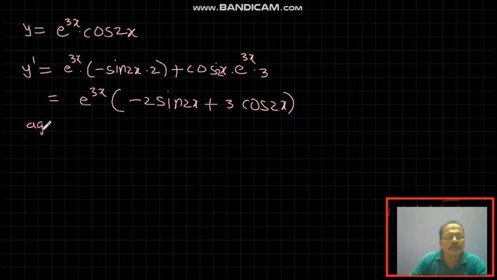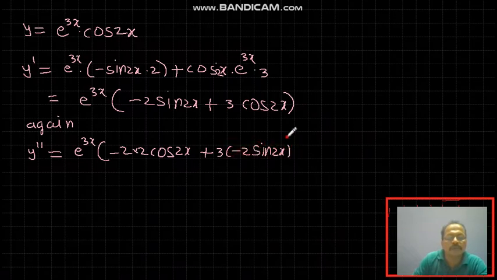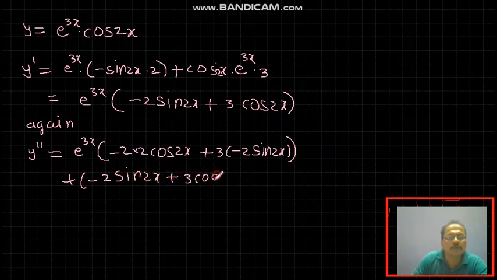Again differentiating, we get the second derivative is e raised to 3x as it is, derivative of this bracket minus 2 as it is, derivative of sin 2x is 2 times cos 2x, plus 3 times derivative of cos 2x is minus 2 sin 2x, plus the bracket minus 2 sin 2x plus 3 cos 2x as it is into derivative of e raised to 3x is 3 times e raised to 3x.